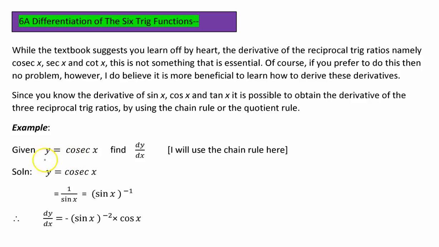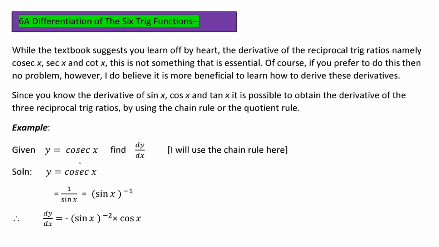So let's have a think about differentiating cosec. The textbook suggests you learn the result of the derivative of cosec off by heart. If you're good at learning things off by heart, and you don't feel you already have enough to learn, then I might suggest that you wouldn't really need to.